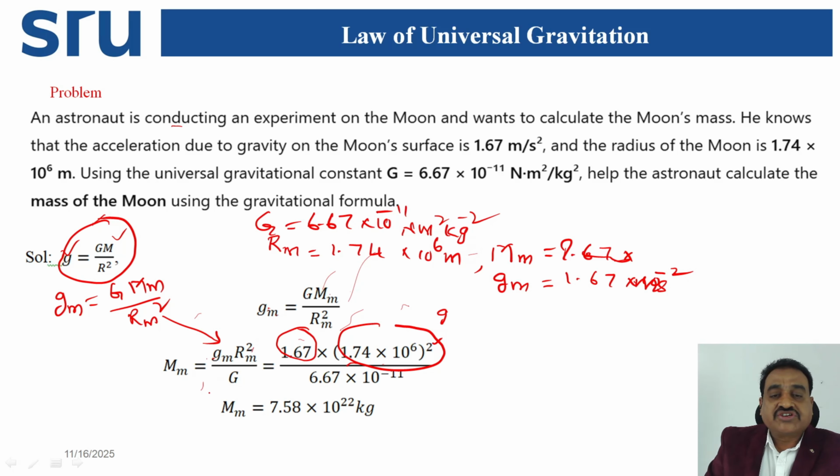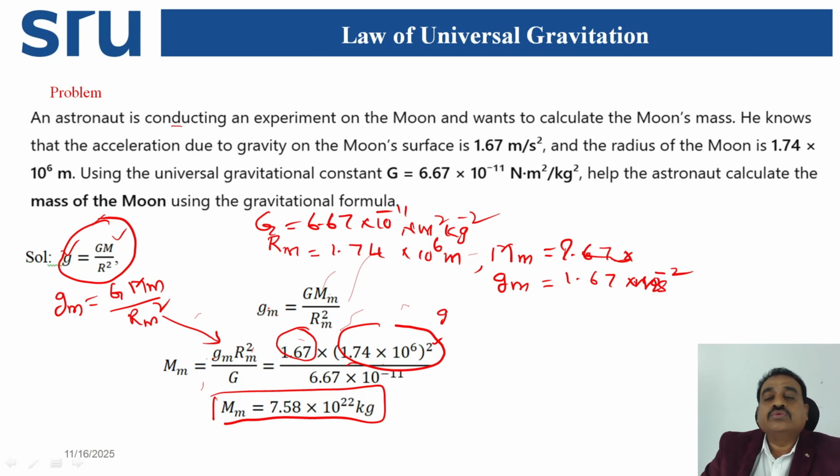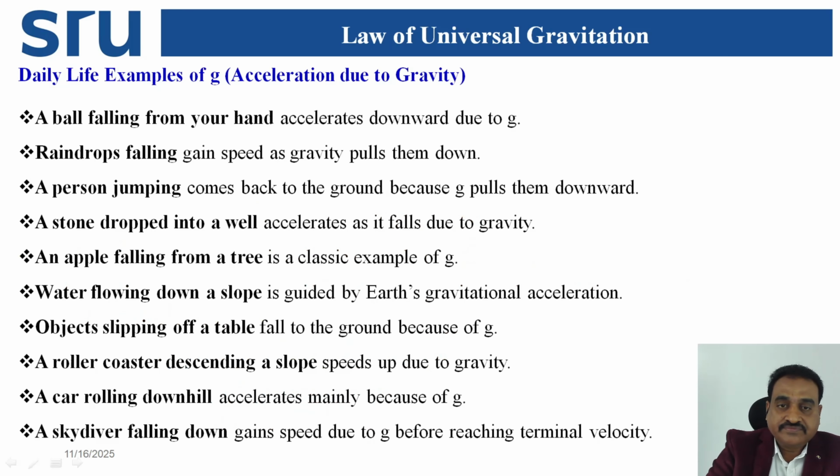After calculation, the mass of the moon is 7.58 × 10^22 kg.